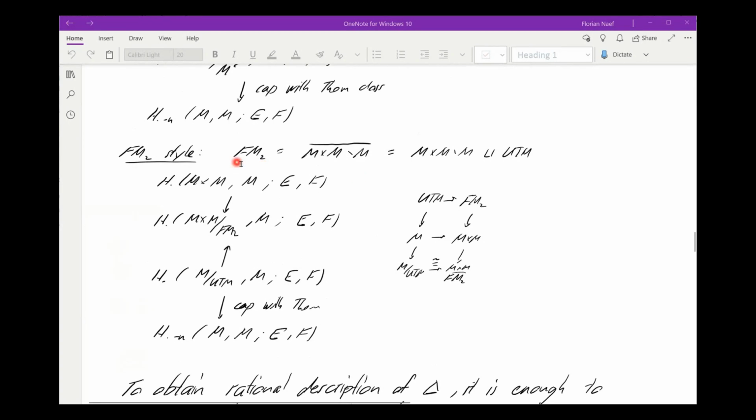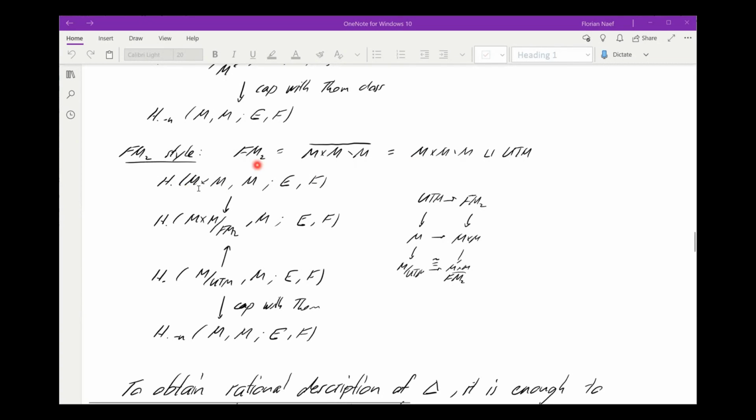So let's recall there is a space FM2, the Fulton-MacPherson compactification of the configuration space of 2 points. The way you obtain this is you take M times M, throw away the diagonal, and then compactify in the appropriate sense. As a set, it's just that you throw away the diagonal and glue in the unit tangent bundle. In particular, when points get close, you remember at least which direction they were coming from.